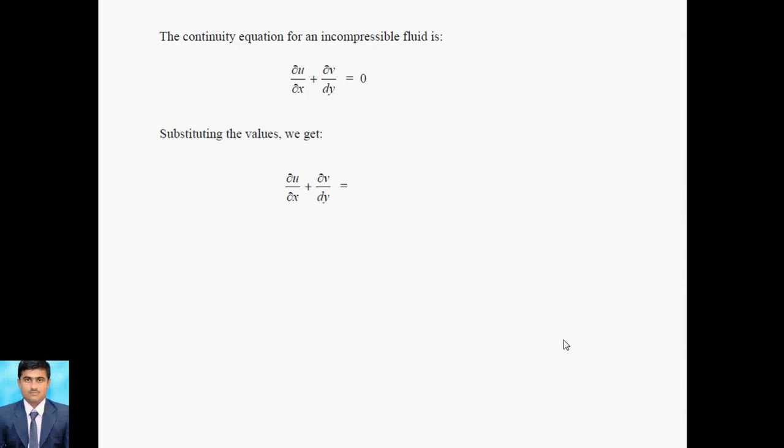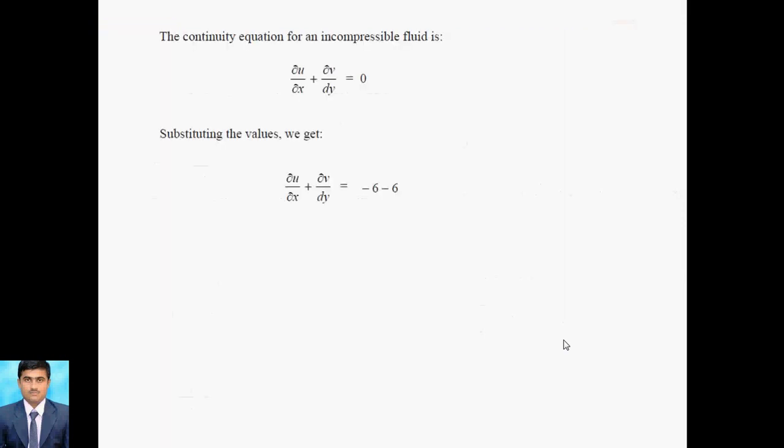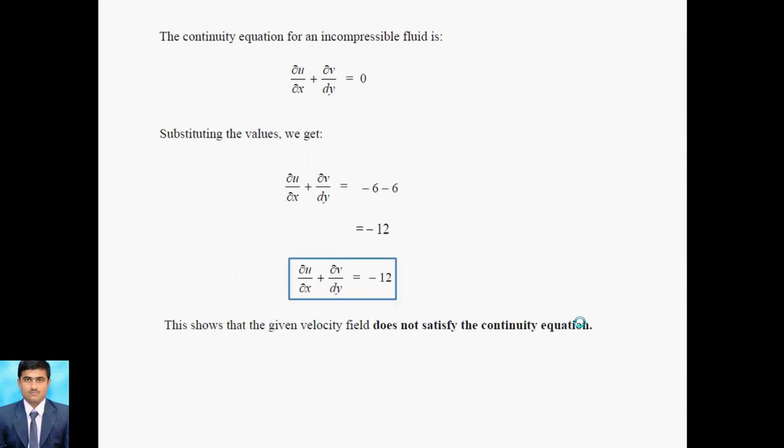So we can put the values of ∂u/∂x and ∂v/∂y. I know that ∂u/∂x is minus 6 and ∂v/∂y is minus 6. Putting in these values, the result is minus 12. That means it does not satisfy the continuity equation, because this equation is not satisfied. So I can write here that it does not satisfy continuity.